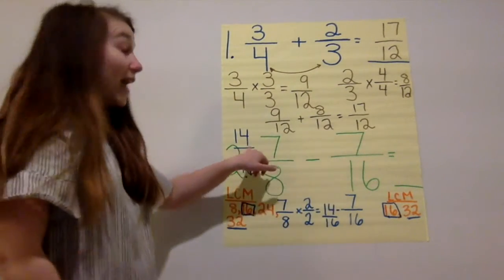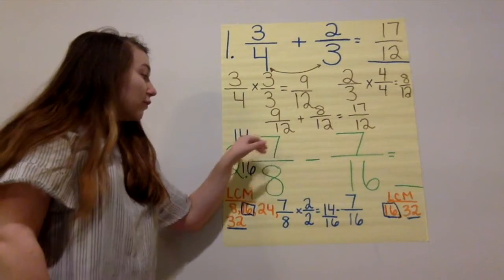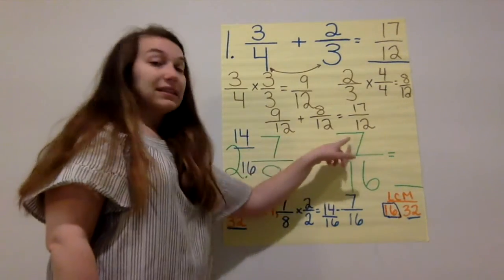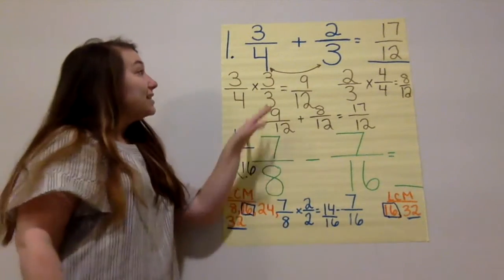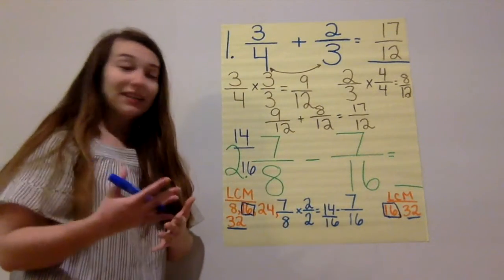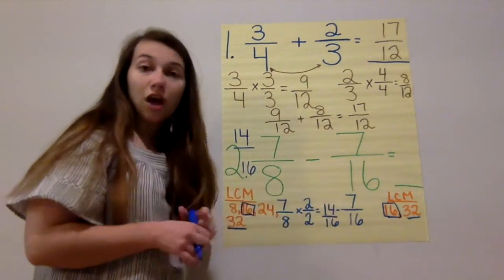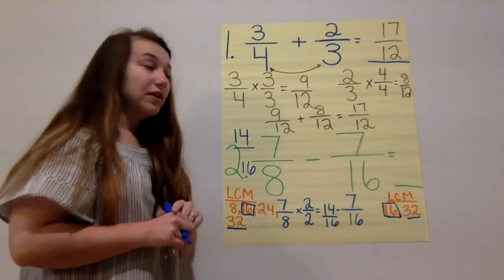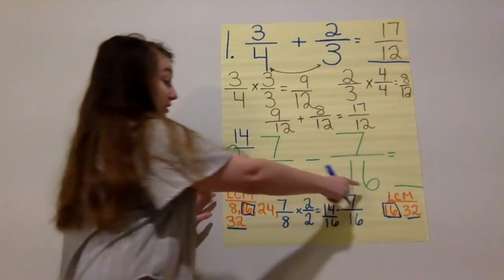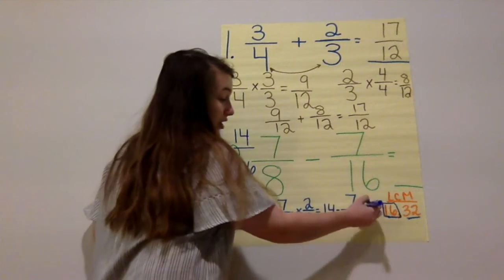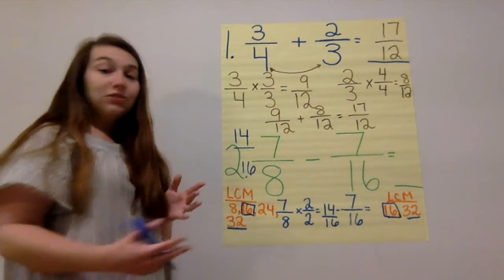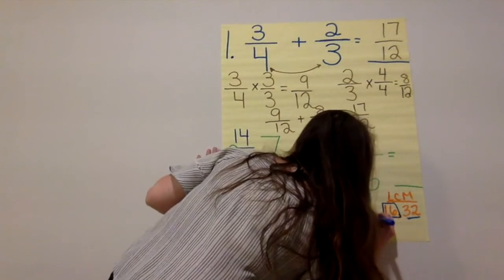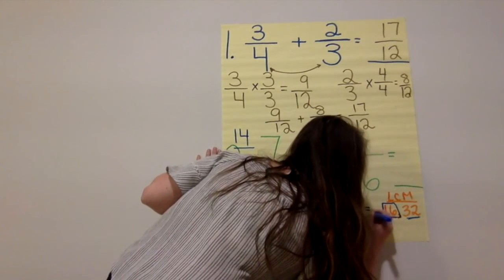And we are going to go ahead and subtract 14/16 and 7/16. So just like with addition, when we are subtracting, we leave the denominators the same. So we have 2/16. You can also follow along down here. It's going to stay the same. I'm going to keep it at 16.